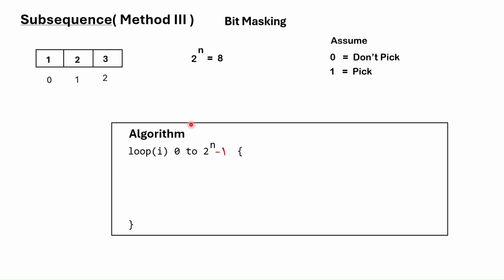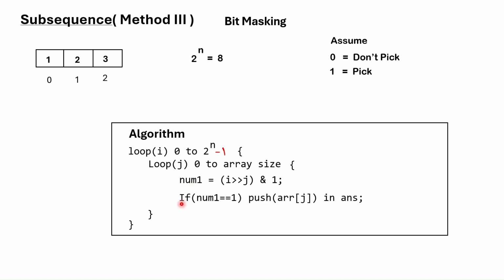After that, we will run another loop from 0 to array size. This loop is run to access all the bits of this number. Then we will perform the bitwise operation that I have already told, which will tell you the jth bit of I. The jth bit of I will be stored in num1, and then I will check if that num1 is 1. 1 means we will pick that index, so we'll push arr of j into our answer.